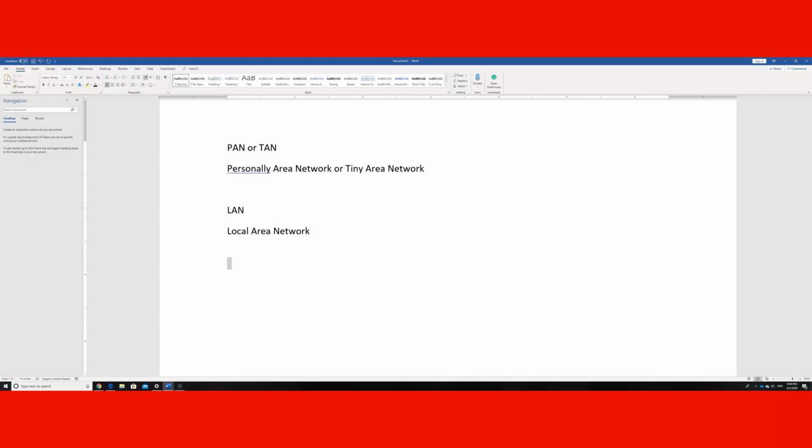Then we have the MAN, which is a metropolitan area network. Those are basically very, very fast networks surrounding, let's say, greater Miami or Austin, where everything is going to be controlled because you know the beginning of this network and you know the end of it.